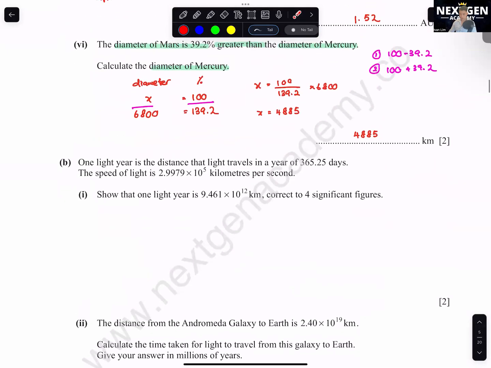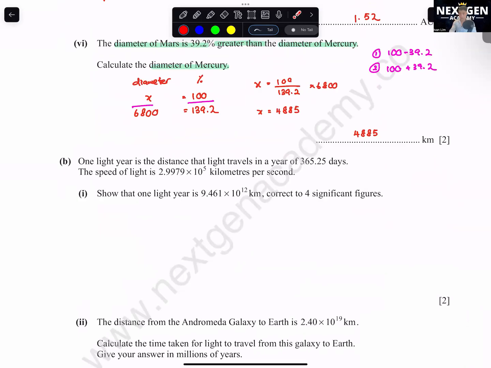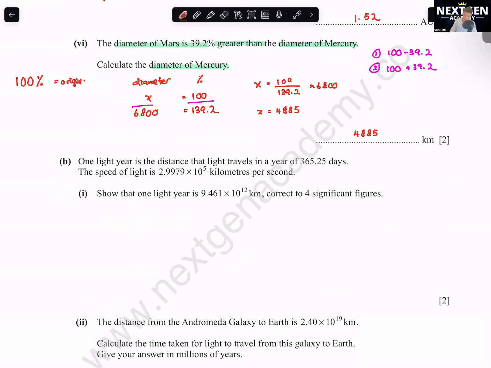Okay, any more questions here? We use this method when we want to find the original of something, correct? So 100% will always be the original one. Okay, 100% is the original. Because they say this one, we are benchmarking this as the original value, right?